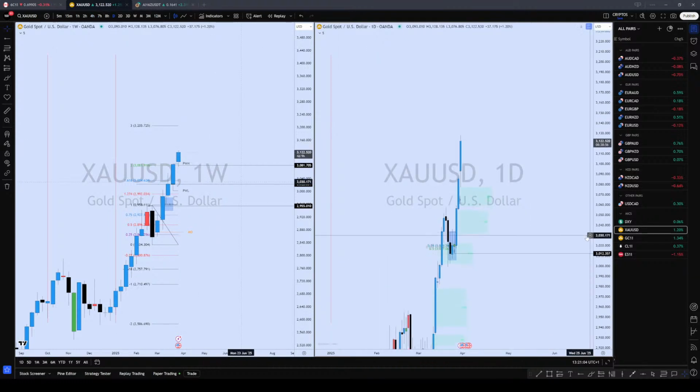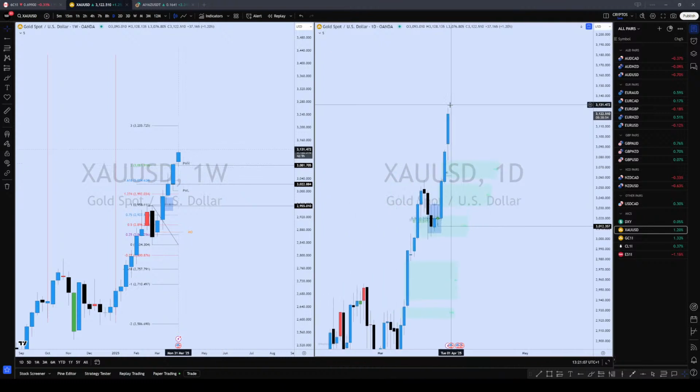Just be careful with gold looking for a buy, because it's too high. Be careful looking for a buy on gold. It's too high. I don't like it. If you chase this, you might end up being liquidity.